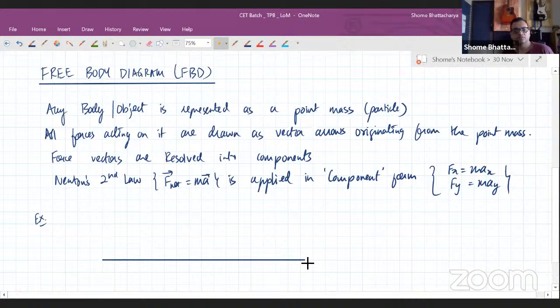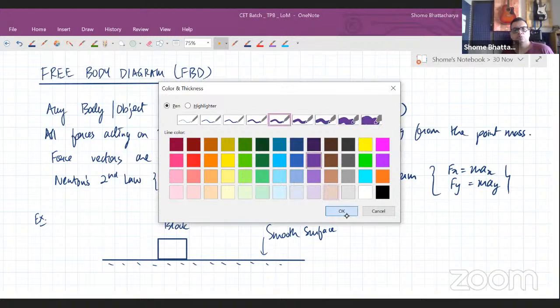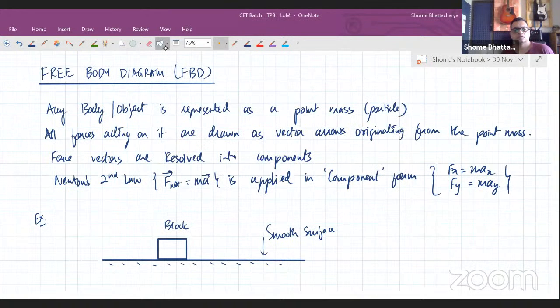Let us say we have a smooth surface with an object lying like this, like a block. And now what we are doing is we are pushing this block with some external force like this.